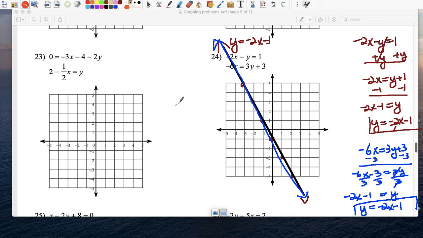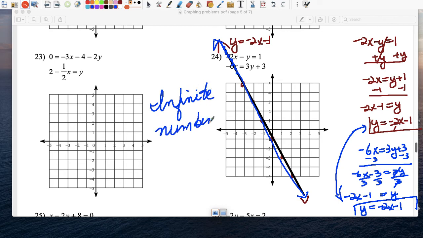So in this case, the answer is, I mean, think about it. This line is made up of an infinite number of points, right? So we could pick any point on this line and it would satisfy both equations. So for this one, because both lines are on top of each other, we can write there's an infinite number of solutions.